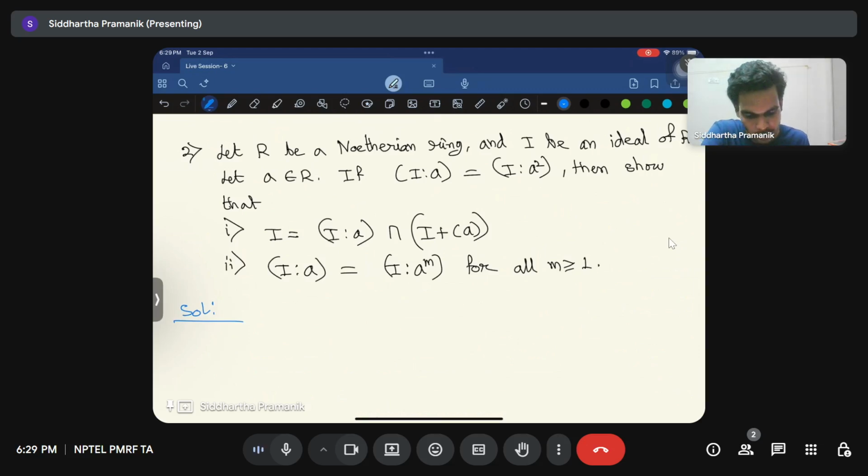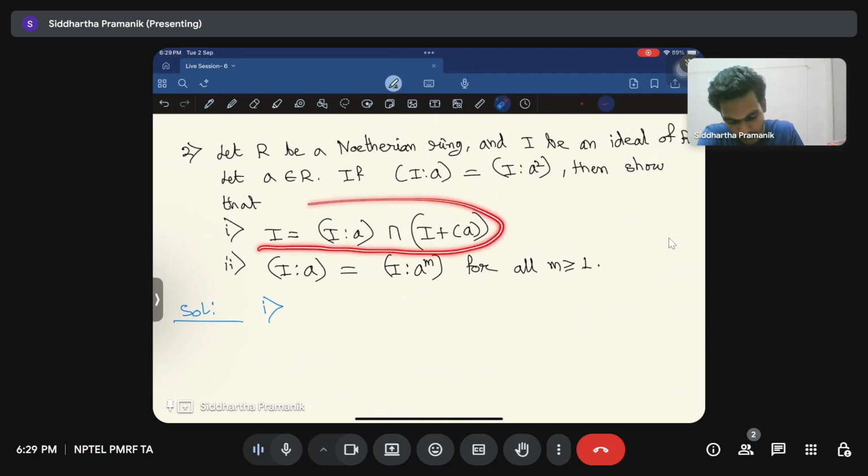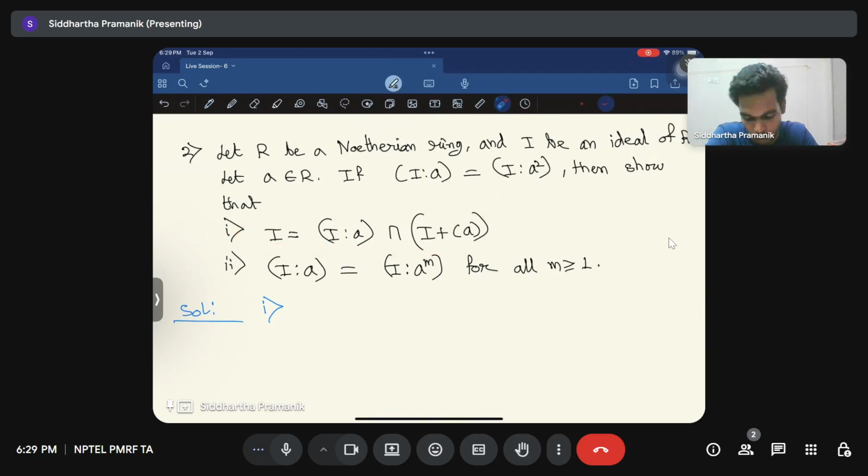Okay, so let's start with the first one. So we need to prove the equality of these two ideals. As usual, we will use the usual technique: one is a subset of the other. So one inclusion is always trivial.